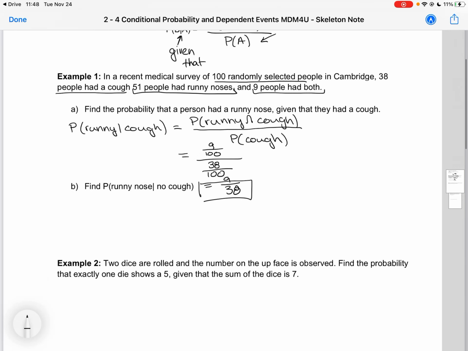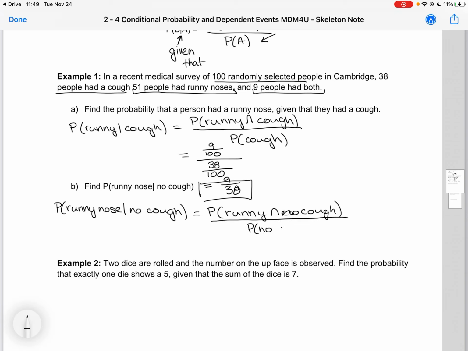Another example of conditional probability here is we're going to find the probability that they had a runny nose given that they had no cough. So that means that on top, we would have the probability of those two events occurring together, so runny nose and no cough, over the probability that someone didn't have a cough.